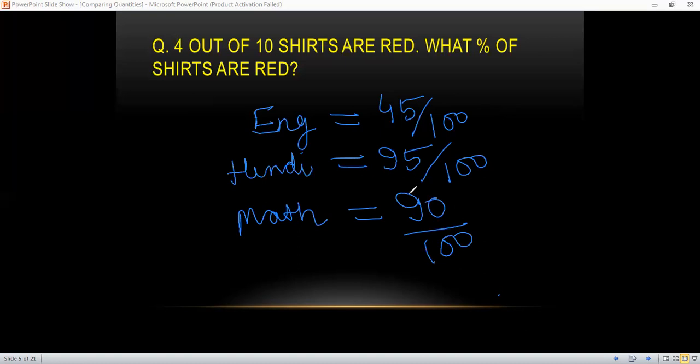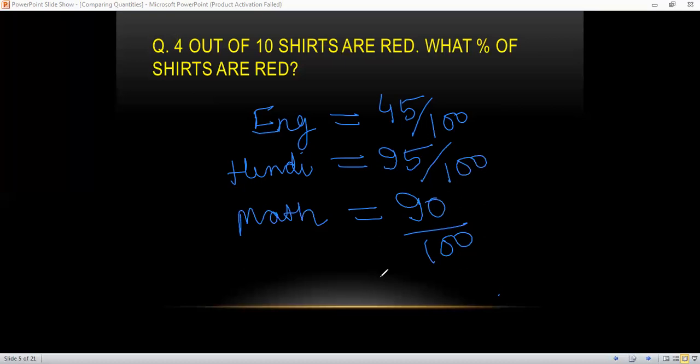Now here I have to find a percent. If I ask you in these 3 subjects, what is the total percentage you have gained? So what are you going to do?